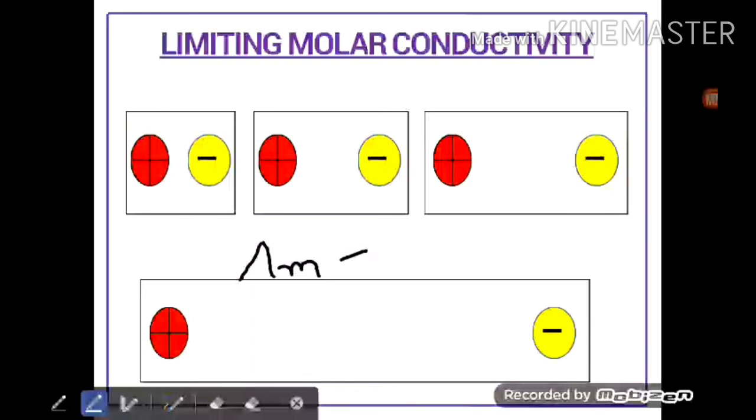Molar conductivity at infinite dilution is called limiting molar conductivity, and it is denoted as lambda naught m. So this is limiting molar conductivity. We will discuss it in the next video, when we will study Kohlrausch law.